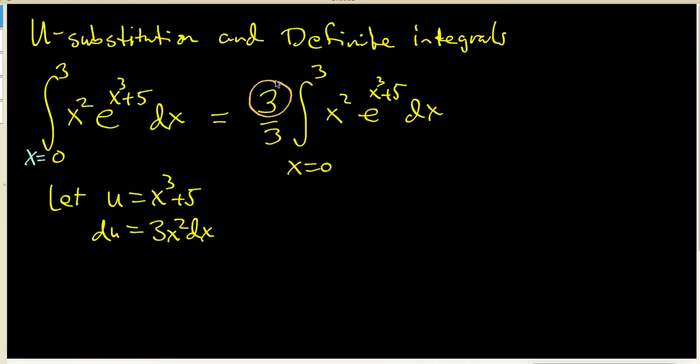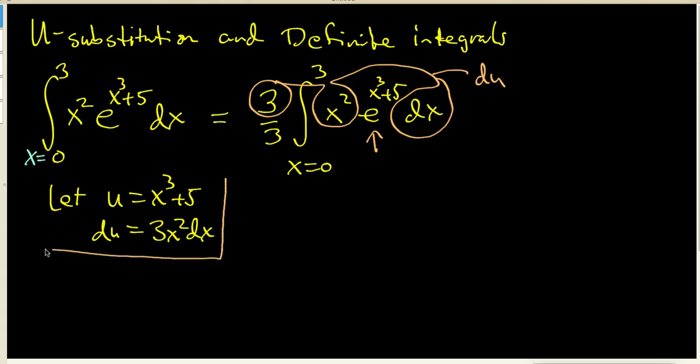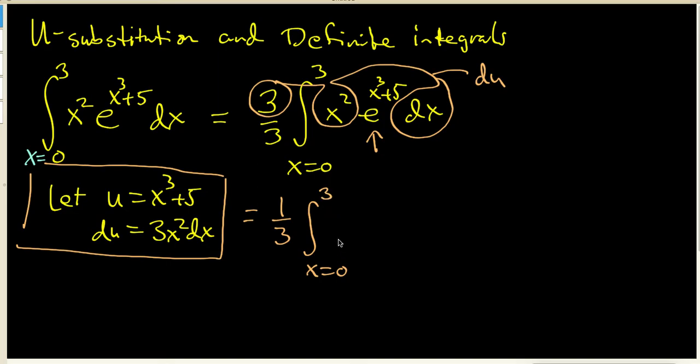That 3, that x squared, and the dx form my du, and this chunk here is an e to the u. So once I use the U substitution, the new integral becomes 1/3 as x goes from 0 to 3 of e to the u du.